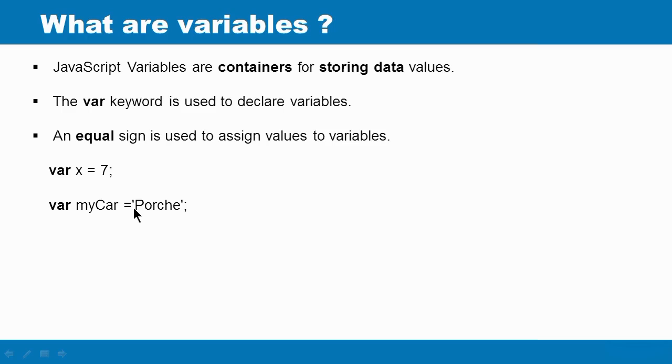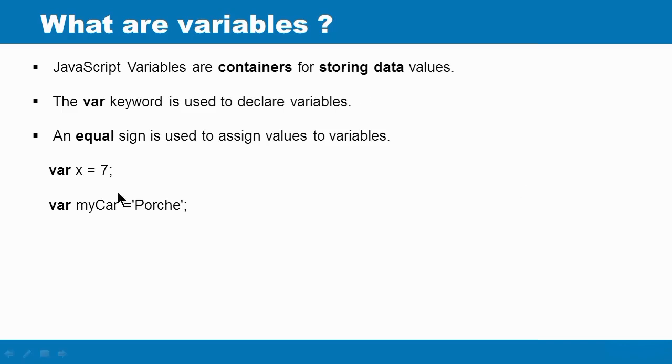You can't use a single quote here and then a double quote here. That's the only way the computer will understand that it is dealing with text. You don't need to do that with numbers, because the computer knows that that is a number. But if you want the computer to know that this is a string, as they call it in programming, you need to enclose it in quotes.